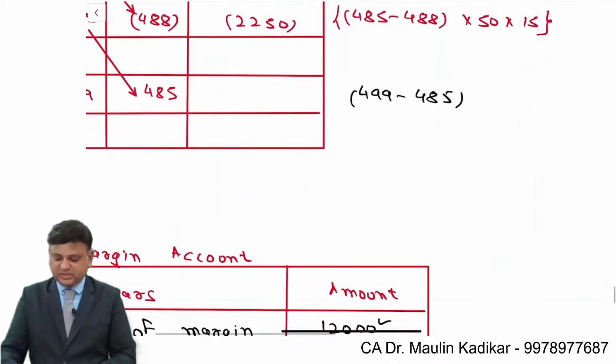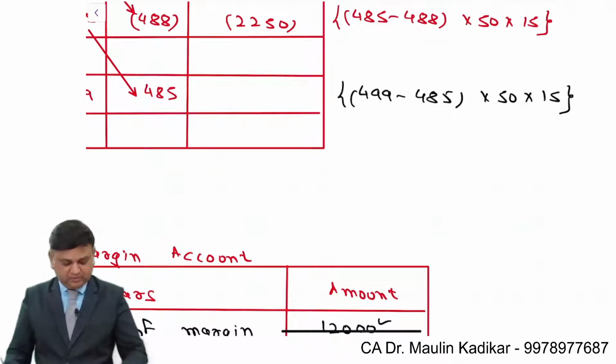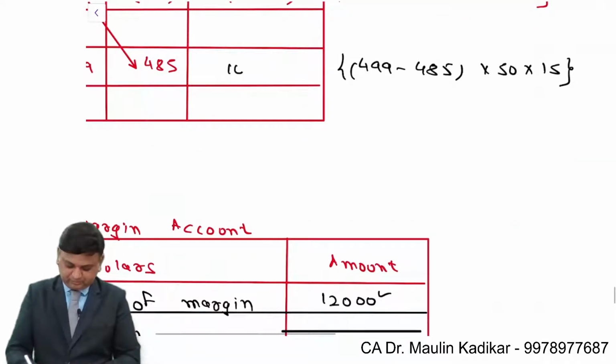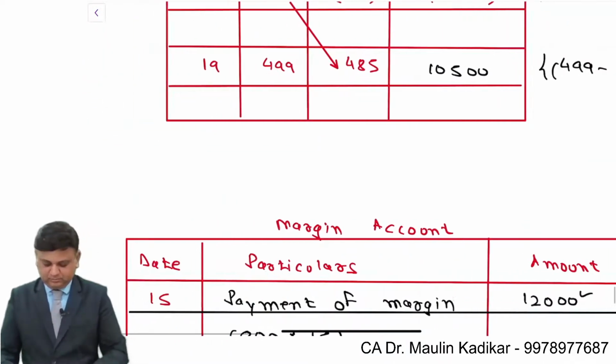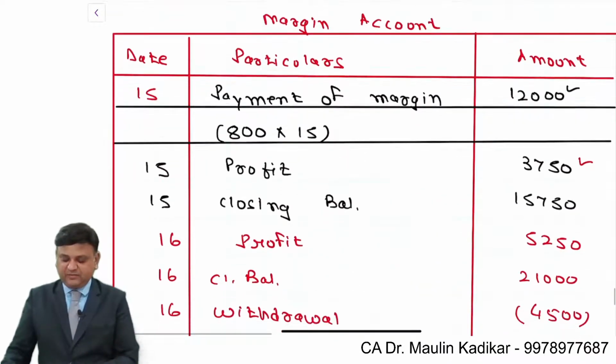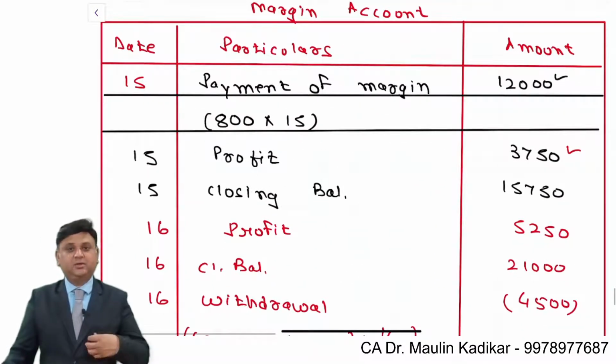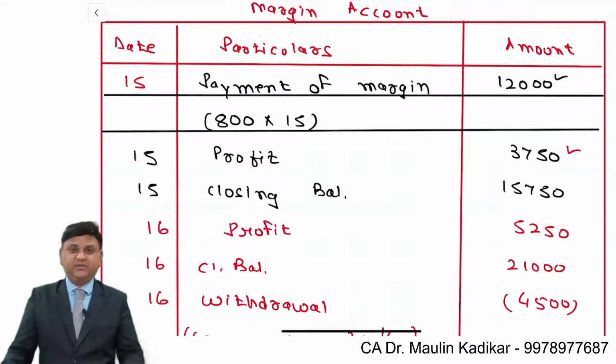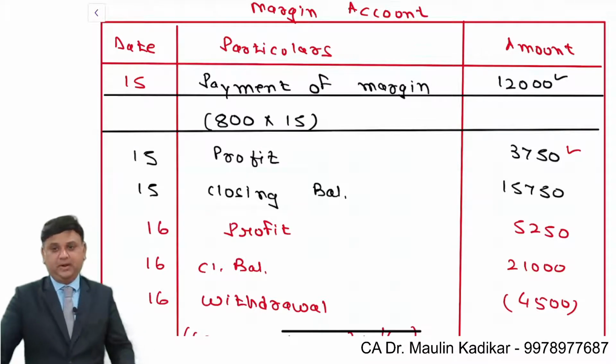So 14 rupees is the profit into 50 into 15. That comes to 10,500. And based on that, we'll have the final answer, that is the margin account. Write down the answer this much and try to complete the remaining on your own.